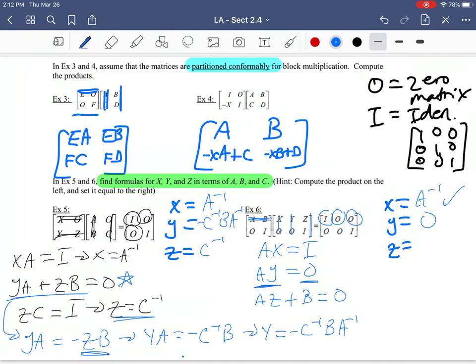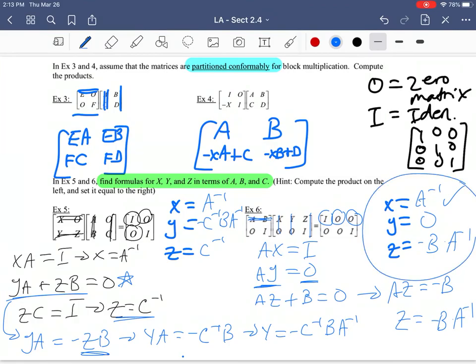I just need a formula for z, so I can say that az equals negative b if I just move it over by subtraction. And then I think I can just say z equals negative b times a negative 1. Or, again, because of the sizing, we might have to reverse this, but negative b times a negative 1. And there we go. So all we're looking for is formulas for x, y, and z.